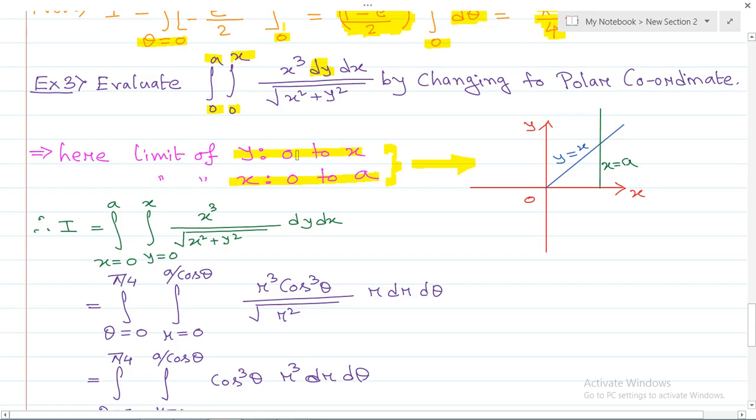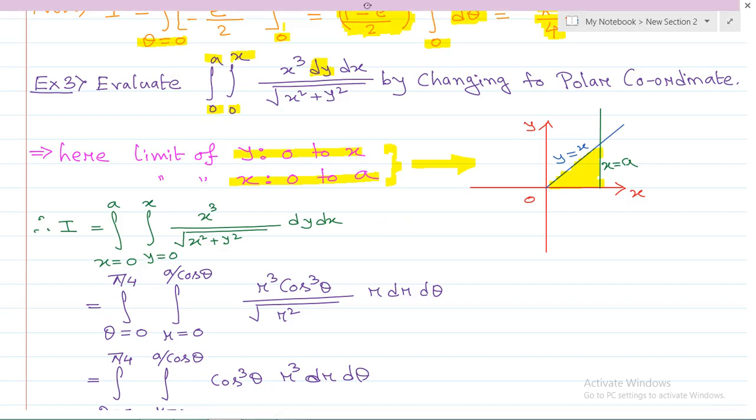With the variable limit we will be able to understand it. y is going from 0 to x, so y equals 0 means the x axis, then y goes up to x. So we have to shade this lower triangular region by vertical lines only.